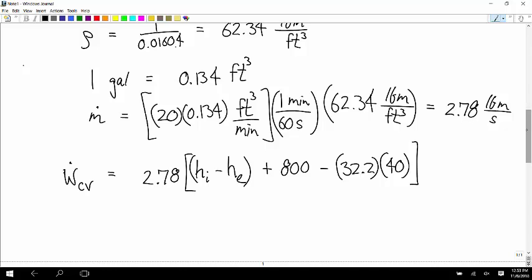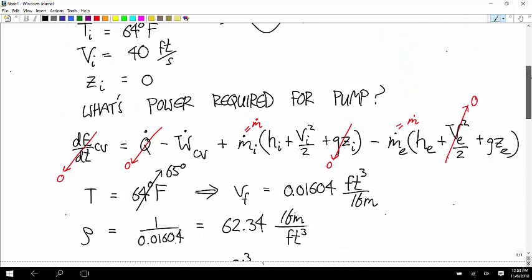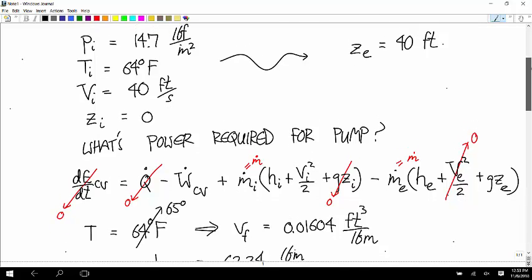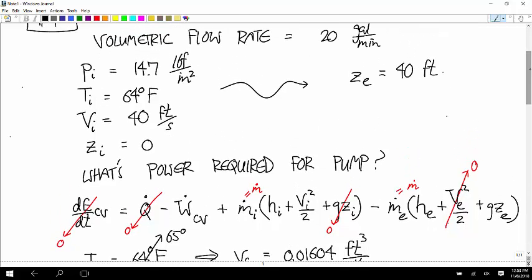Okay, so the only things we have left are the two enthalpies. Hopefully we have enough to look those up. Let's see, we have the pressure and the temperature.